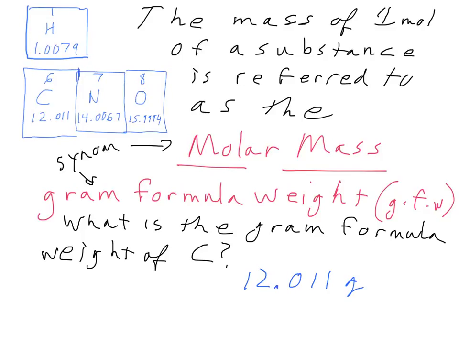So they're pretty similar. Notice that slight difference in the unit, right? Molar mass, we gave the units by default as grams per mole, whereas when we're talking gram formula weight, we leave the units just in grams, and that's the hair split difference there.